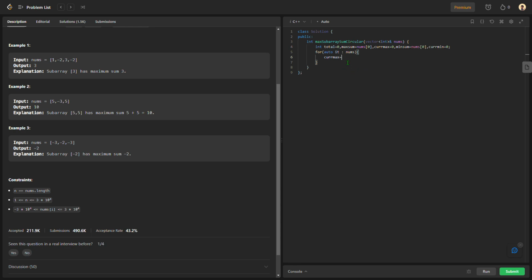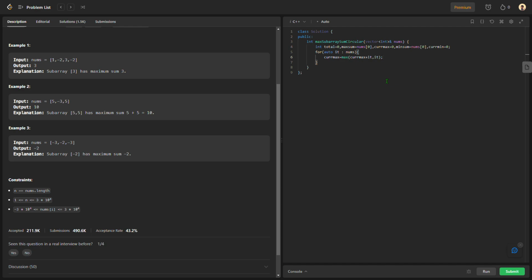So current max is the max of current max plus it, that is that element in the array, or just it.